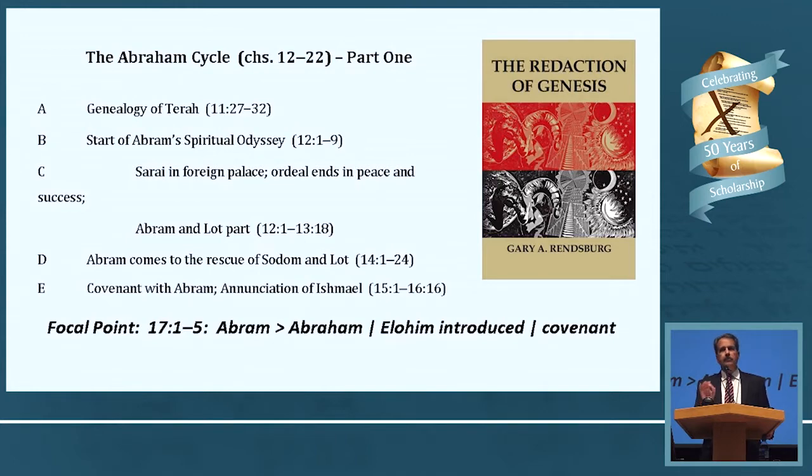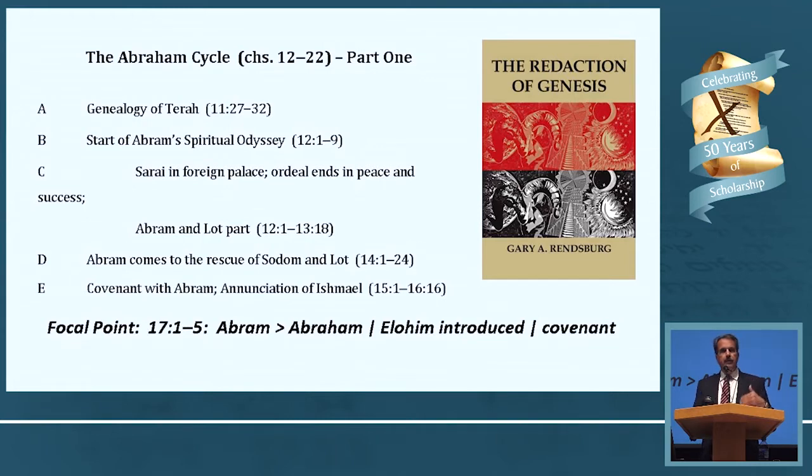And the third item there, which is new, is the covenant. The covenant, the central aspect of the Jewish biblical tradition, the covenant between God and the people of Israel, is the focal point in the middle of the Abraham cycle. Now, it's true, as you can see here, that covenant is already mentioned in Unit E in chapter 15, and that's because it will serve as the bookend to E prime, where you have to have covenant as well. But the covenant in chapter 15 is not described in such elaborate terms.